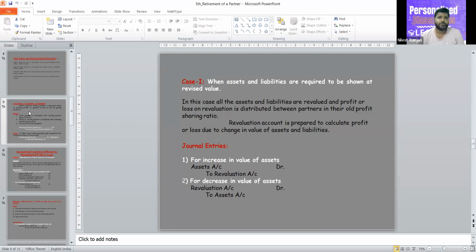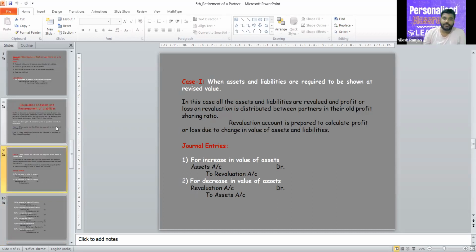In every question, there will be different situations. So maybe we have to pass 4 or 5 entries, but the total entries that we have to study is 7. The first two are related to increase or decrease in value of assets. After that, there are 2 entries for increase or decrease in liabilities.